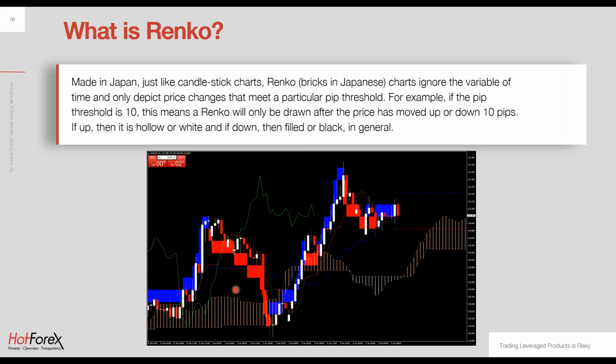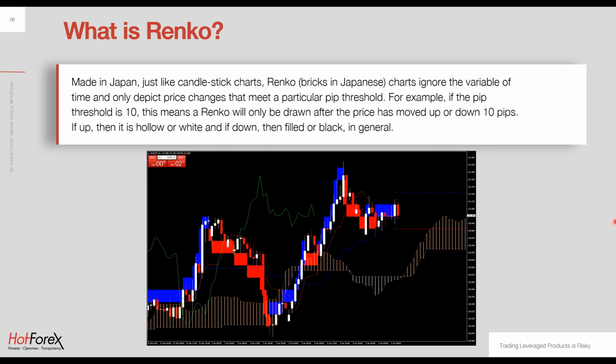So each block or brick, call it as you wish, usually tends to be positioned at an angle, either up or below. So an up brick is typically colored blue or white. A down brick is usually colored red or black if you are in a white chart.